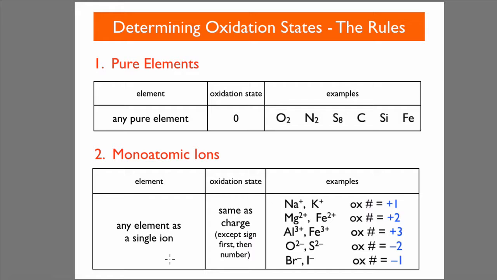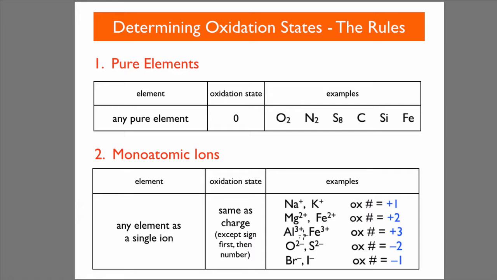So diatomic molecules, pure sulfur, pure carbon, silicon, any metal, etc. has an oxidation state of 0. Monatomic ions. Any element as a single ion. Well, the oxidation state is just the same as the charge. So if you've got Na plus, sodium plus ion, or the potassium plus ion, its oxidation state is +1.